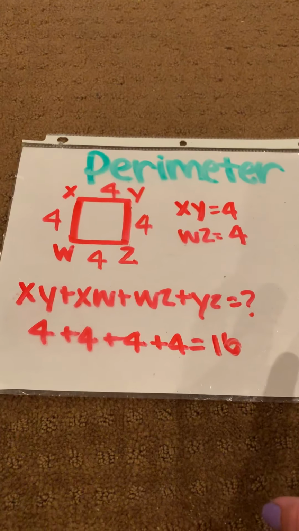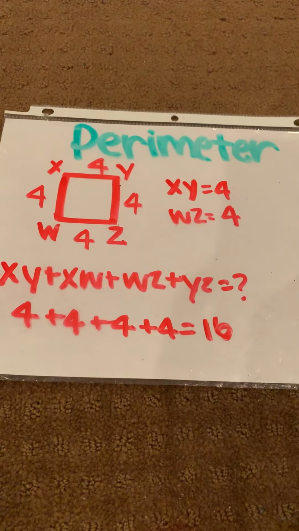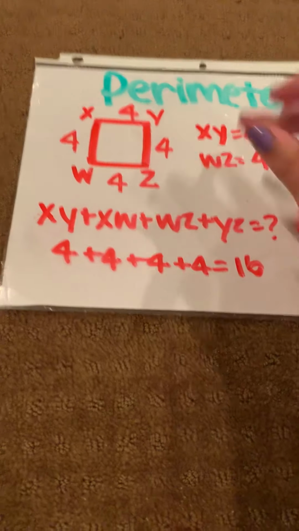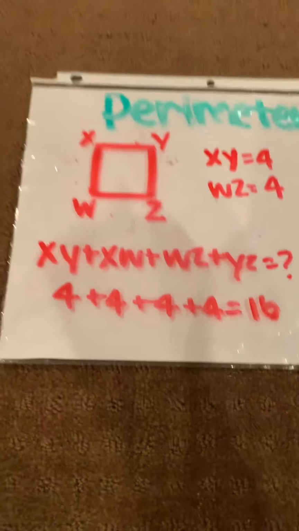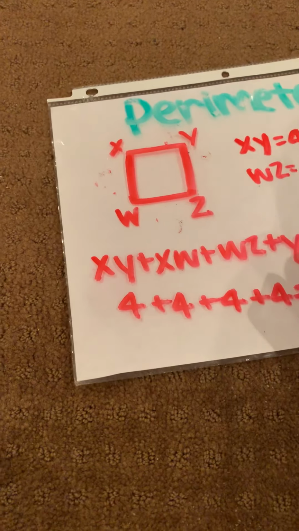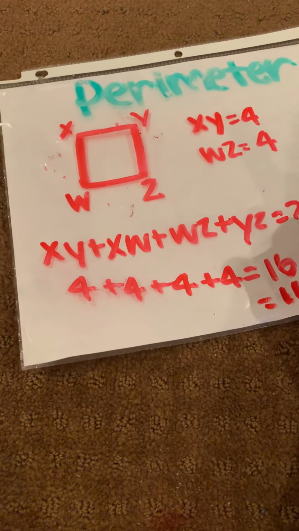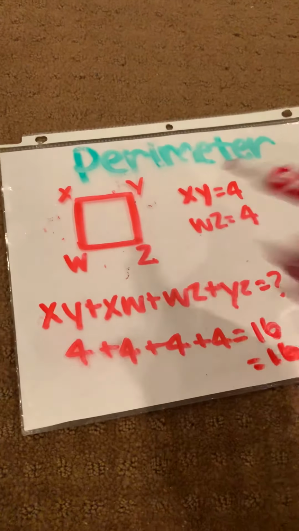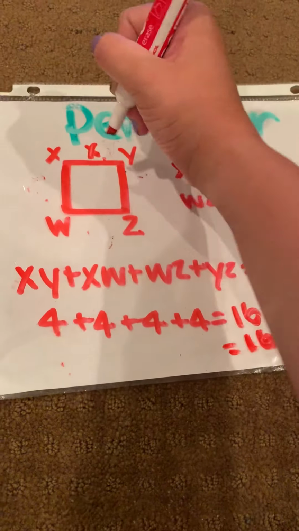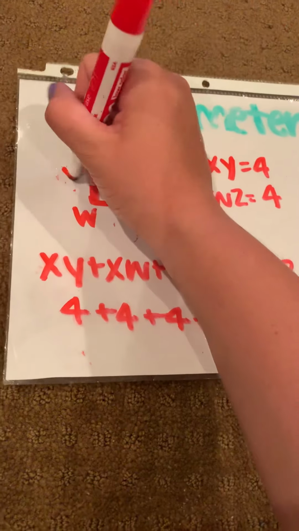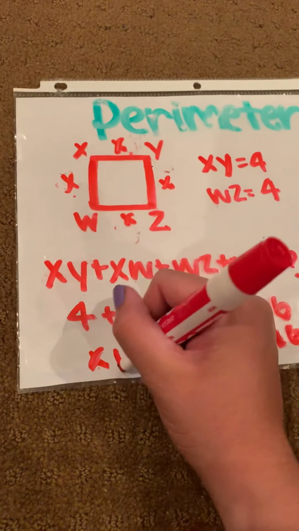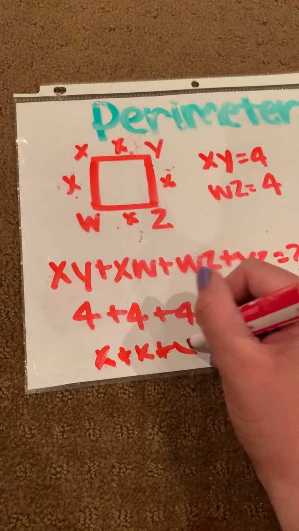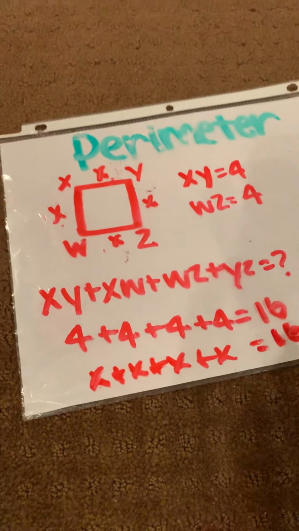That's the basis of perimeter, but then if we were to work backwards and say that we have a square with no knowledge of any of the side lengths, and we just have that it equals 16, we'd know that because all of the lengths are the same, we would just have side length x, side length x, side length x, side length x, and we could do x plus x plus x plus x is going to equal 16.